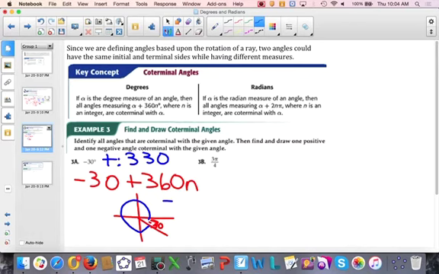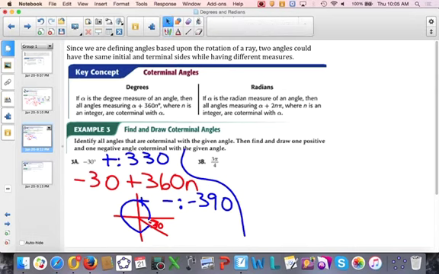So that would be negative 390. So this is a positive one. And a negative coterminal angle would look like this. And the arrows are valuable in kind of demonstrating the direction in which we're going.